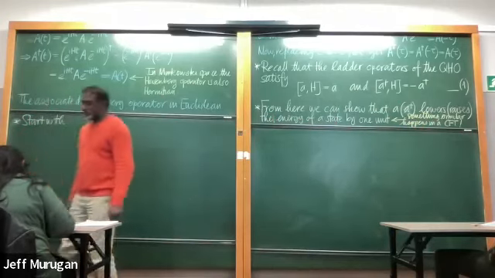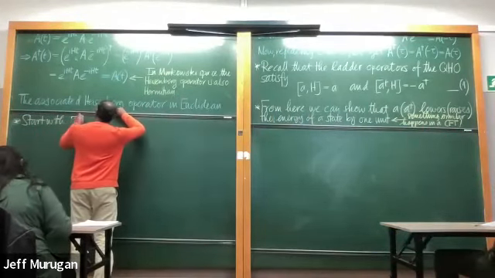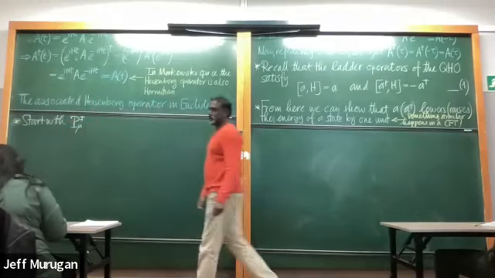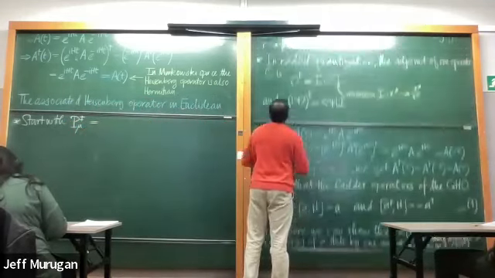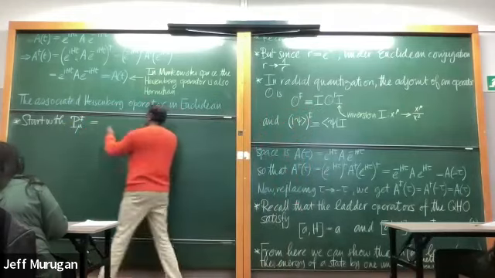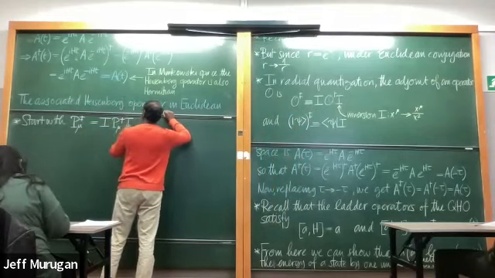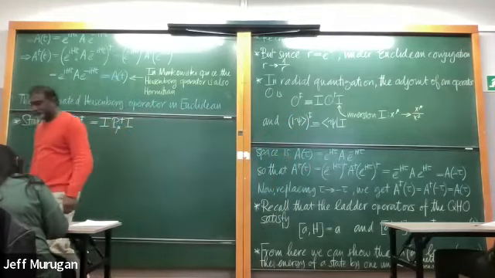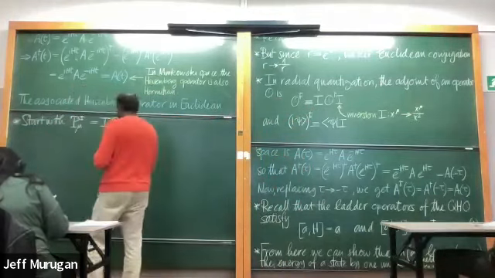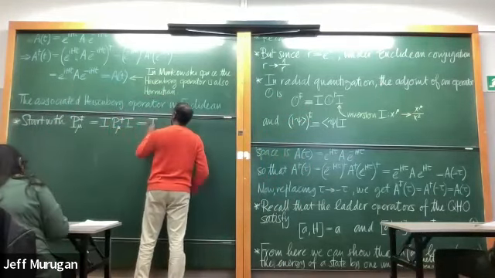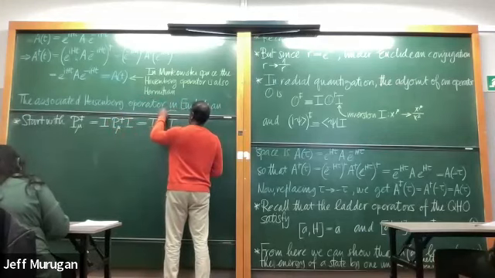If I take the momentum generator P mu and take the Euclidean conjugate of P mu, this is just I P mu dagger I, which is I P mu I.